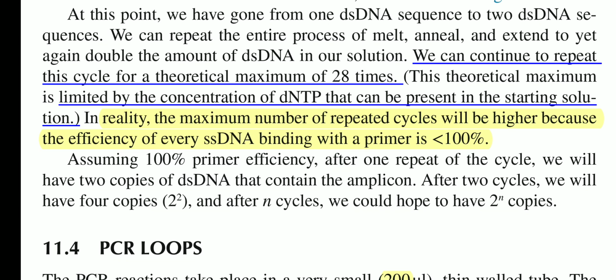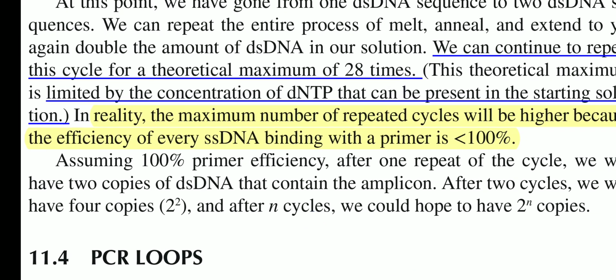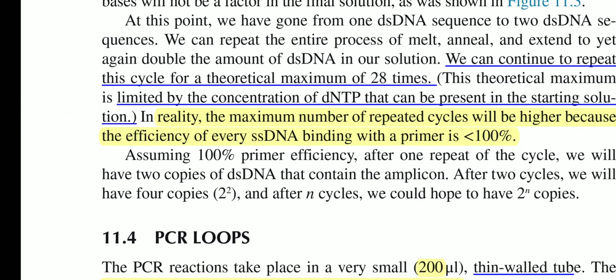Practically no. 100% binding of each of these small DNA with primer is not possible. So it's written here, the efficiency of binding single-stranded DNA with primer is less than 100%. Practically, we will not have that many replicated copies of our desired gene.